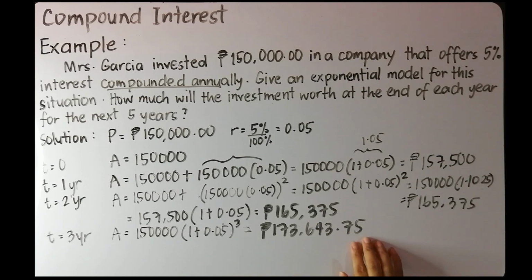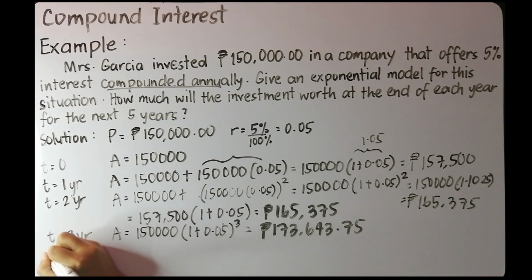This is the investment for the third year. We can verify it by multiplying 1.05 by our investment for the second year: 165,375 pesos times 1.05 is also equal to 173,643.75.